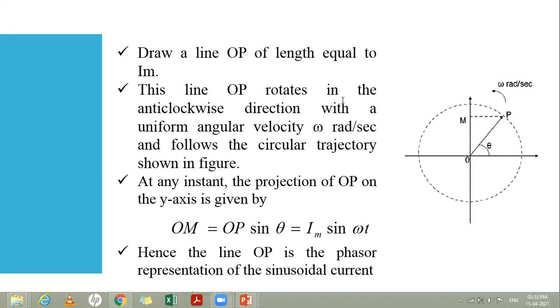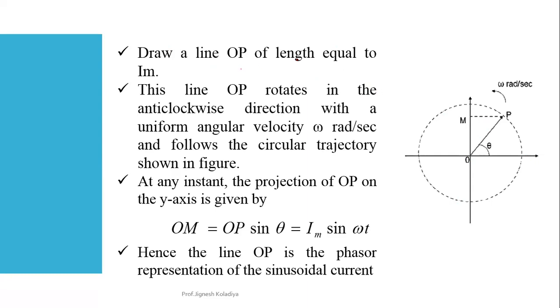So let me draw one line OP which has a length equal to Im. It is represented by the current vector. Im is the maximum value, so the length of OP is equal to Im, and it is rotated in anti-clockwise direction with velocity omega radian per second.